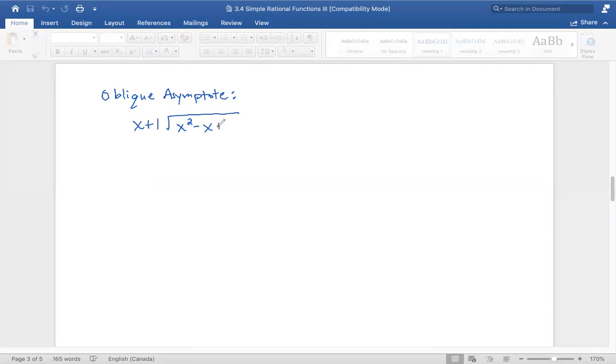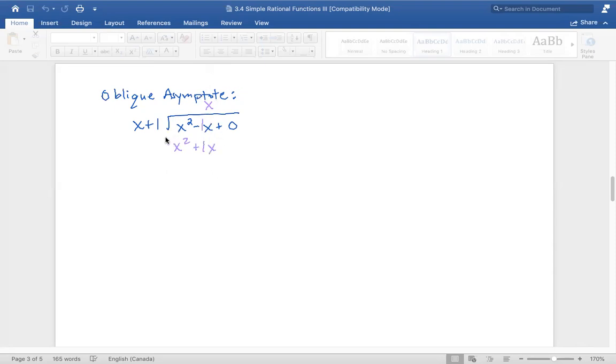If you wanted a placeholder for the constant, you could put plus 0. You don't have to. So again, we're looking at 2 terms. x multiplied by what would give me x squared? x multiplied by x, right? So x multiplied by x gives me that x squared, x multiplied by 1 gives me a positive 1x.